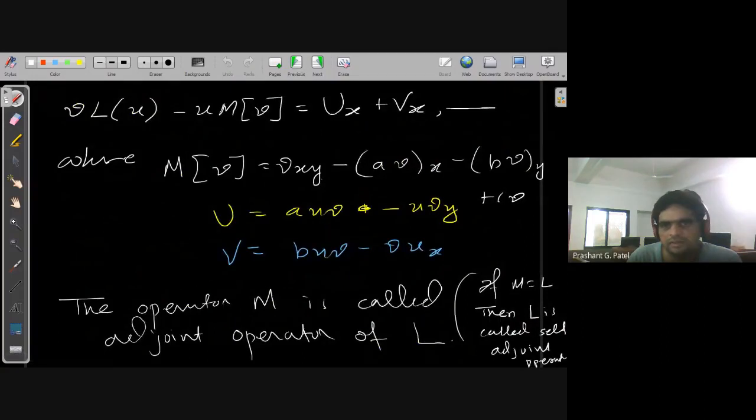We'll call this equation number 3. So using this identity, what can we write?